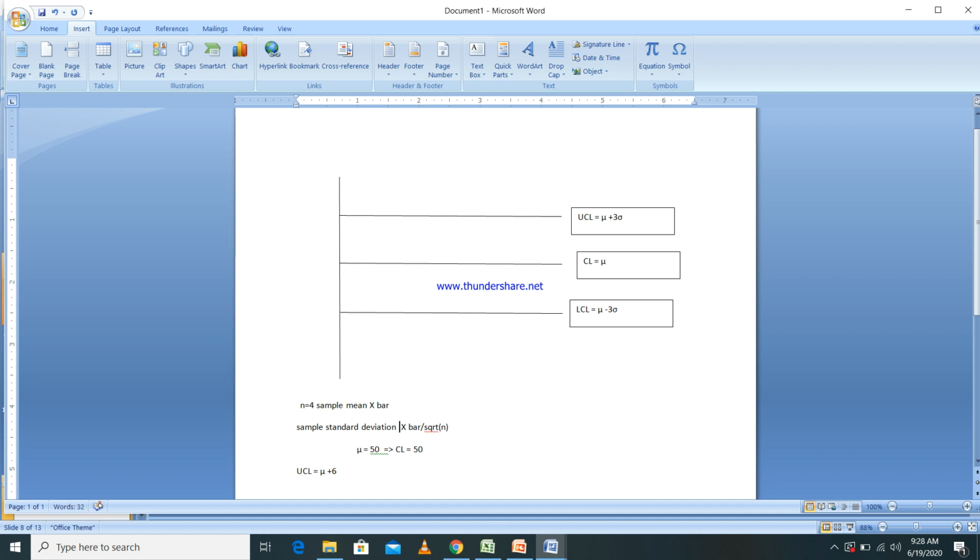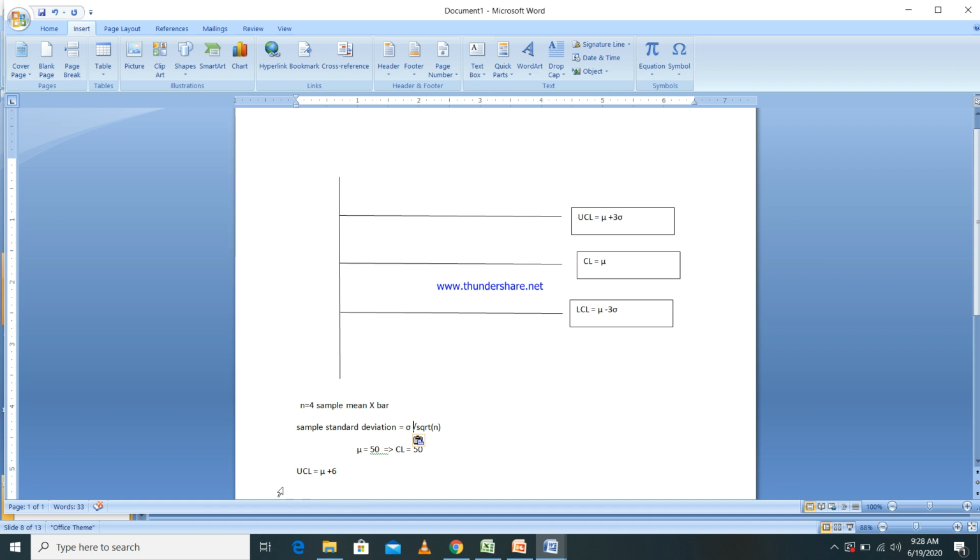So when you are calculating the UCL, the equation is mu plus 3 times sigma. But now this sigma you have to replace with, sorry, here the standard deviation for the sample mean is sigma divided by root n.